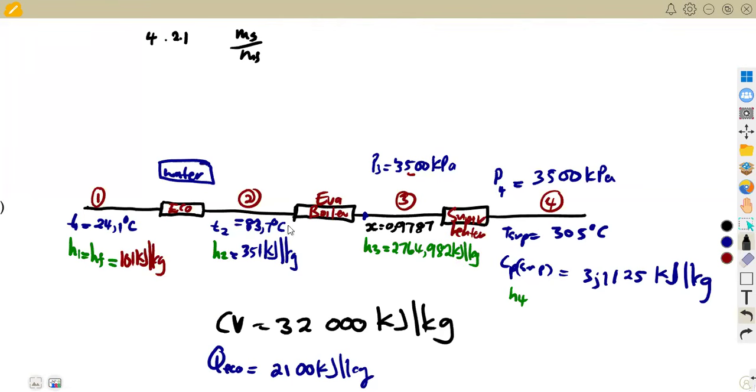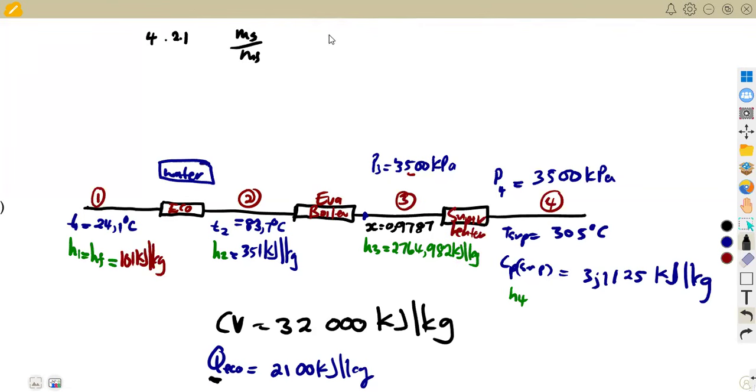But like I said, they are not going to just give you this for nothing. Why did they give us the heat value that we obtained from the economizer? It is because that formula consists of MS over MF.